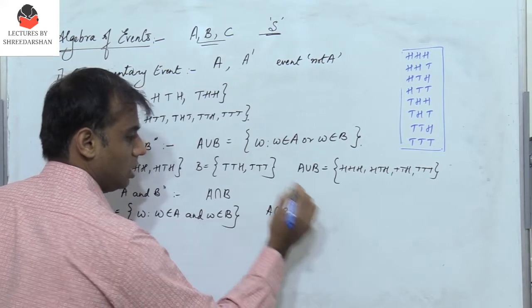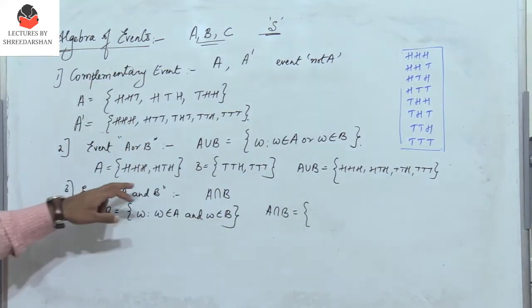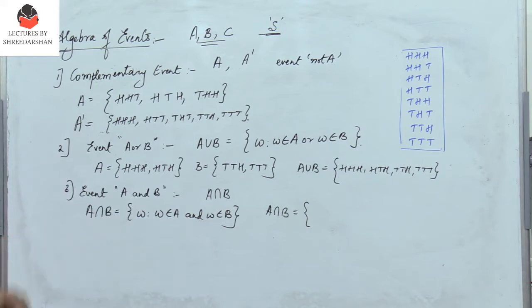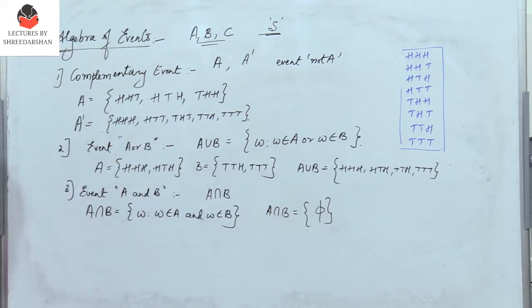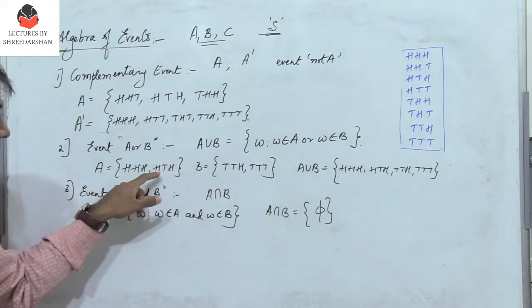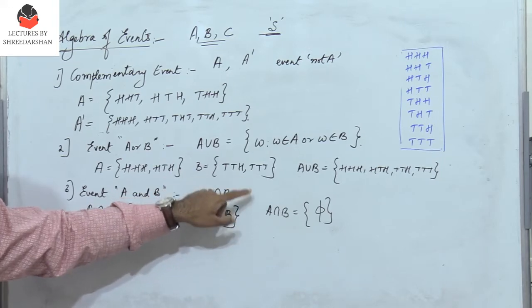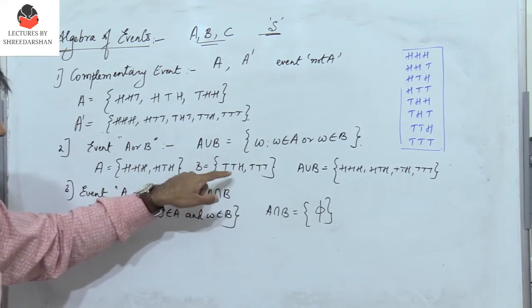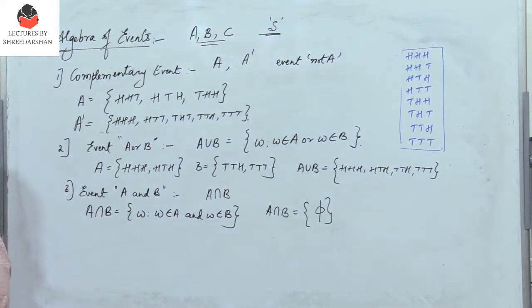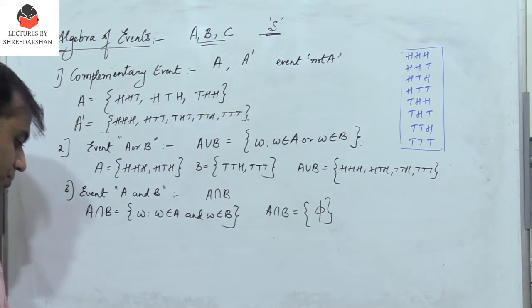Is there any outcome common to both A and B? No. So it's going to be a null set. If there was something common, for example if B had HTH, then A intersection B would be HTH, because HTH would be present here as well as in event A.